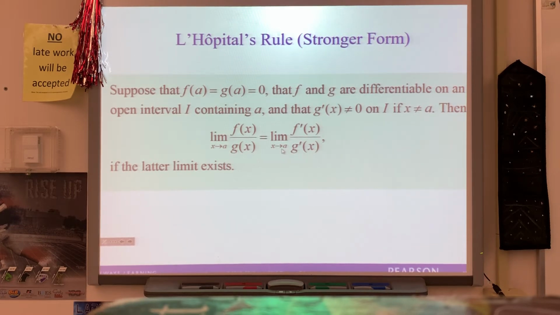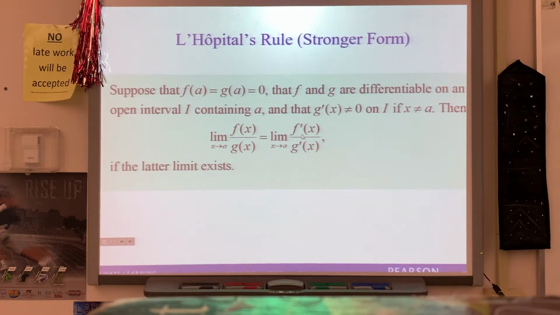So if this limit is able to be evaluated by substitution with plugging in a, then yes, this would just equal f prime of a divided by g prime of a, like the first form. But if it doesn't, this is allowing us to say, keep doing these limits of these derivatives.